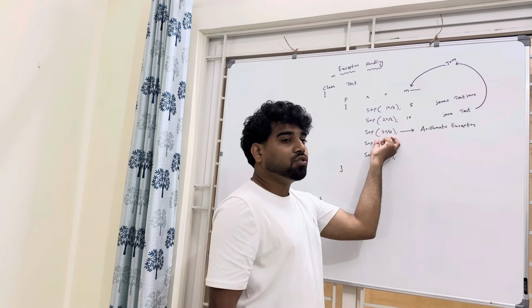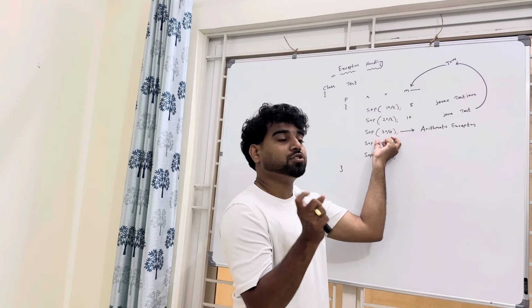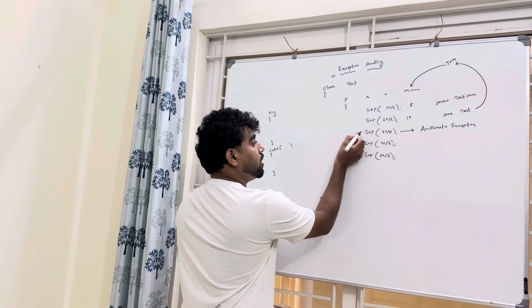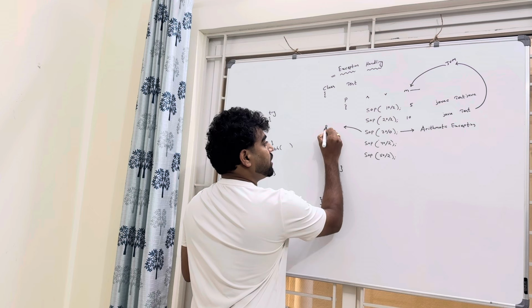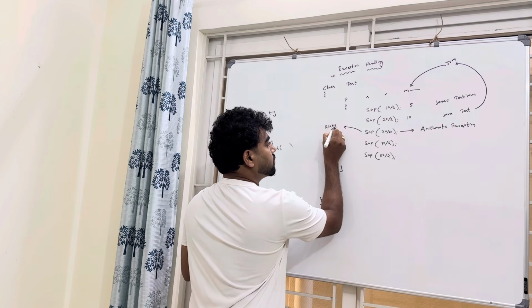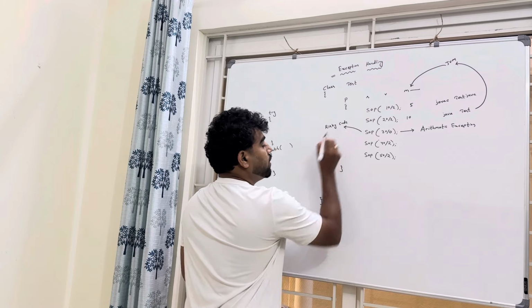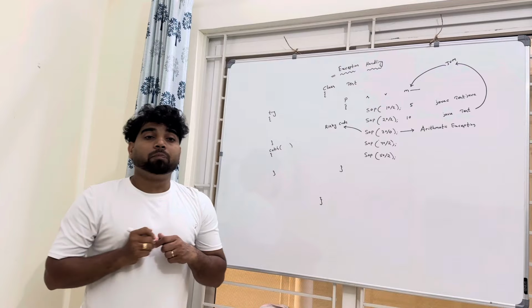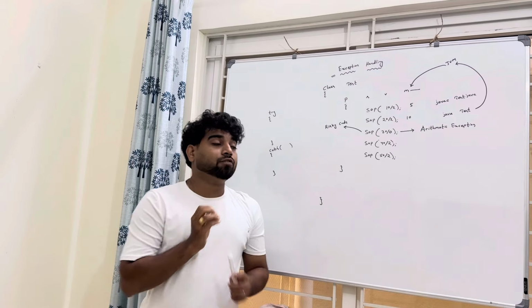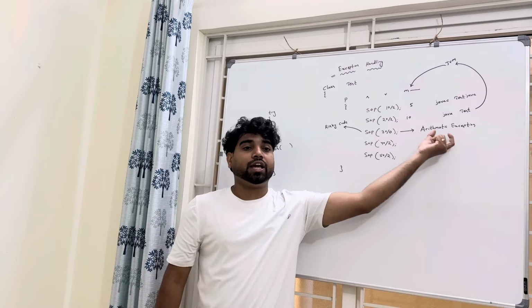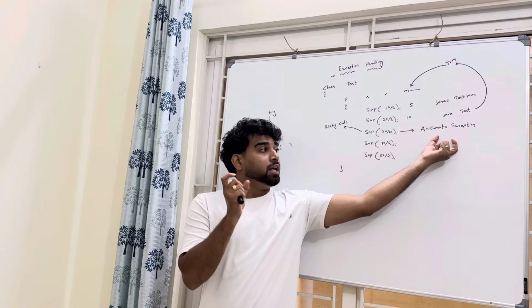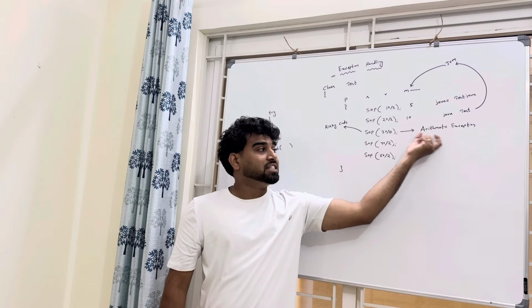The piece of code which is causing the exception, we call it risky code. Because of whichever line of code you are facing the exception, that is your risky code.